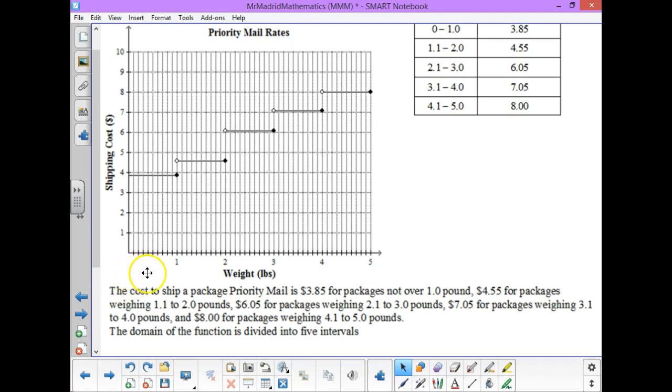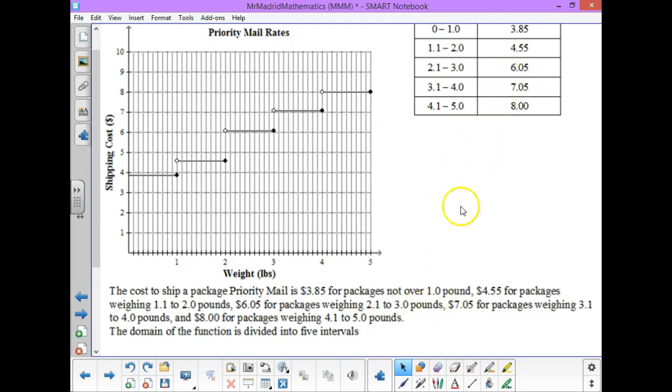It says the cost to ship a package priority mail is $3.85 for packages not over 1 pound. Notice the wording: 1 pound is not over 1 pound, so that's consistent. $4.55 for packages weighing 1.1 to 2 pounds, and then we go forward from there. $6.05 for packages weighing 2.1 to 3 pounds.